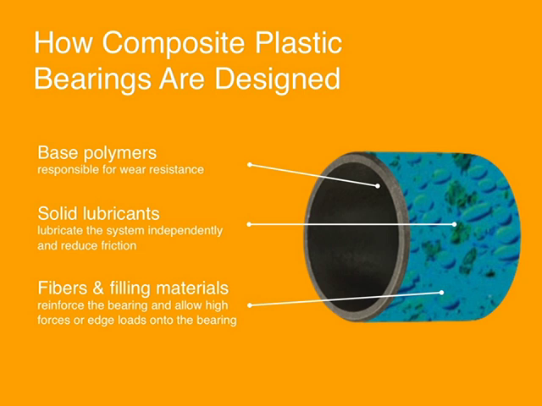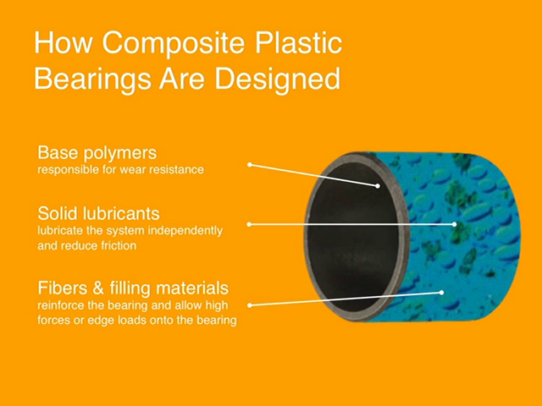What we do is we start with base polymers. It could be a POM, it could be a PA base, and those base polymers are responsible for the main mechanical properties of the bearing itself. It gives the core strength, carrying capability, and the core temperature limits of the product. To that, we add a matrix of solid lubrication. Sometimes that takes the form of PTFE fillers.